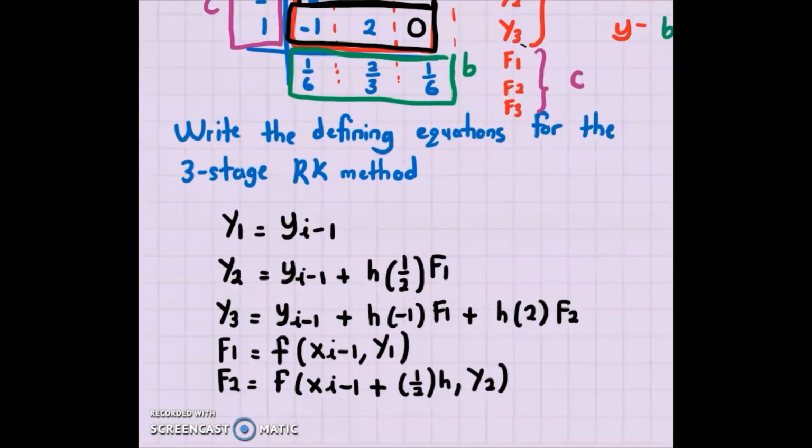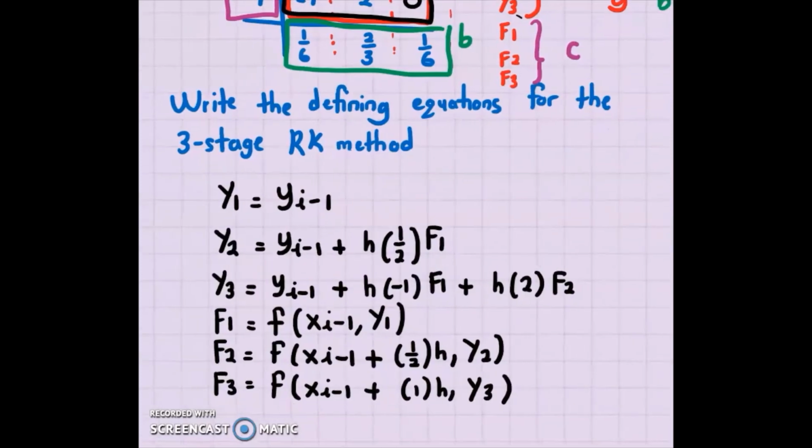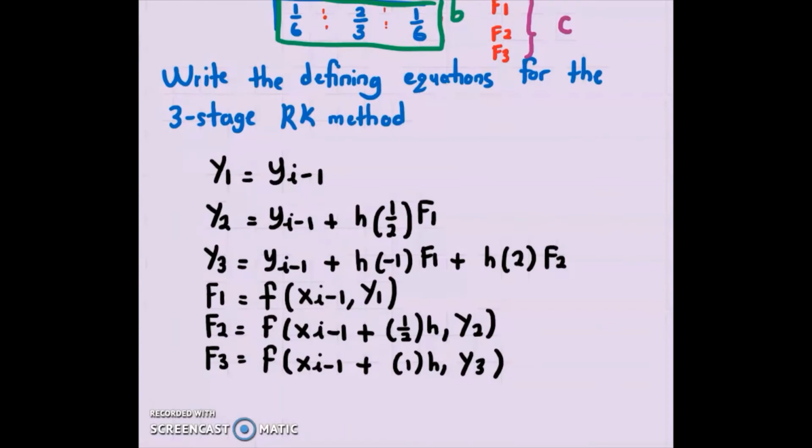Now f3 here, f3 refers to f of xi minus 1 plus I have a 1 here, h y3. See, in general, you can actually ignore this bracket. It's just half h, minus h, half h, and h. But I'm writing this bracket so that you know where this coefficient comes from.